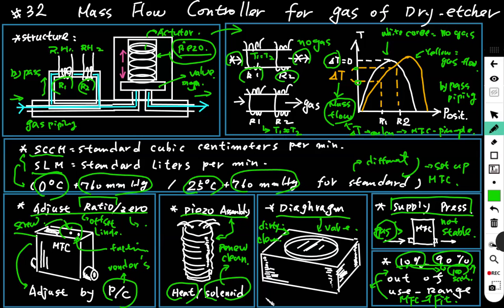So the MFC is very important for the process. If your process shows the wrong mass flow, the product or wafer could be in danger.